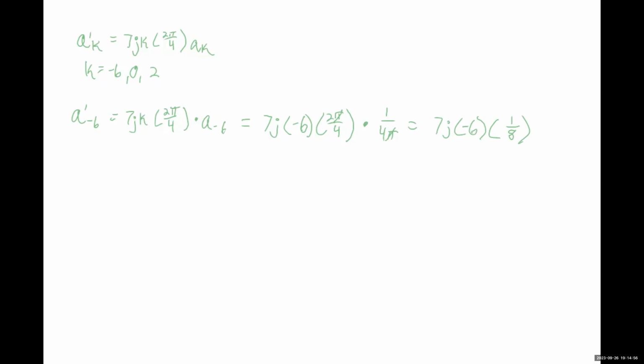So now we're going to get 7 times -6, just going to give us -42 times 1 over 8 times j, which is not going to give us a clean number. So I'm going to go ahead and leave it as that. Let me double check.